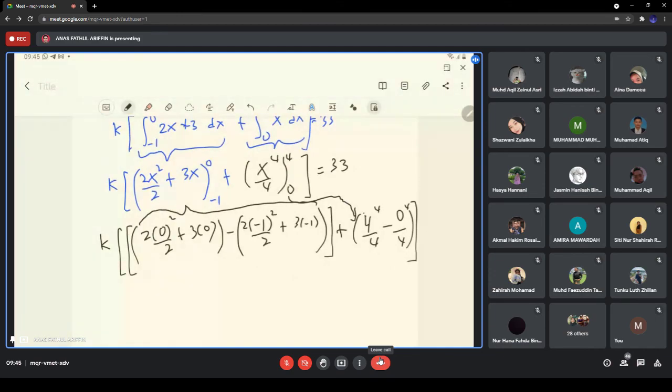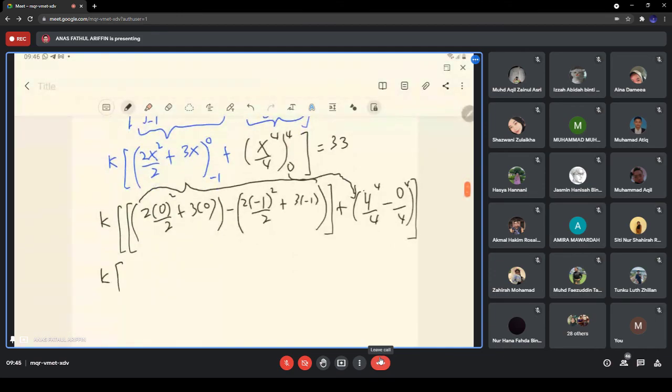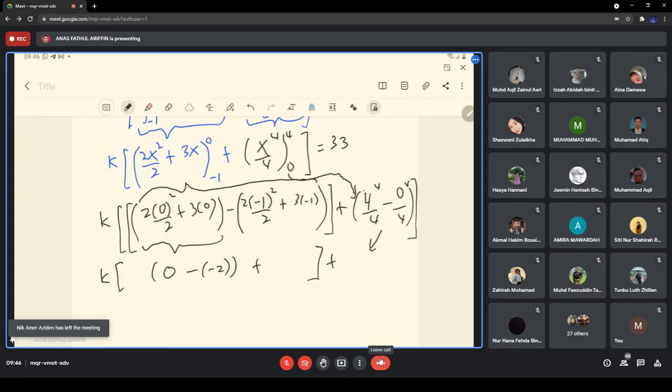Boleh. So kita buat, kita akan dapat k multiply. Okay, this one basically we have 0. This one we have 0 minus 2. Betul. Dapat 0 minus 2. And then plus, dengan ni kita close bracket, this one which is 64.